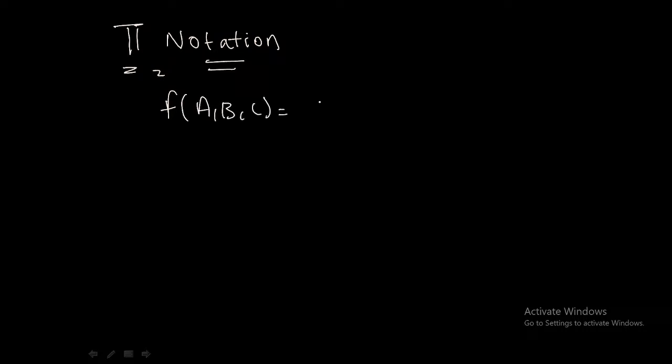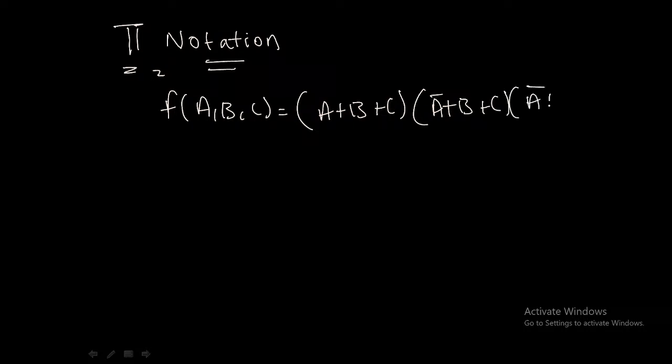We use pi notation for representing the max terms. For example, if we have a function f of A, B, C, which is equal to (A plus B plus C) into (A bar plus B plus C) into (A bar plus B bar plus C).